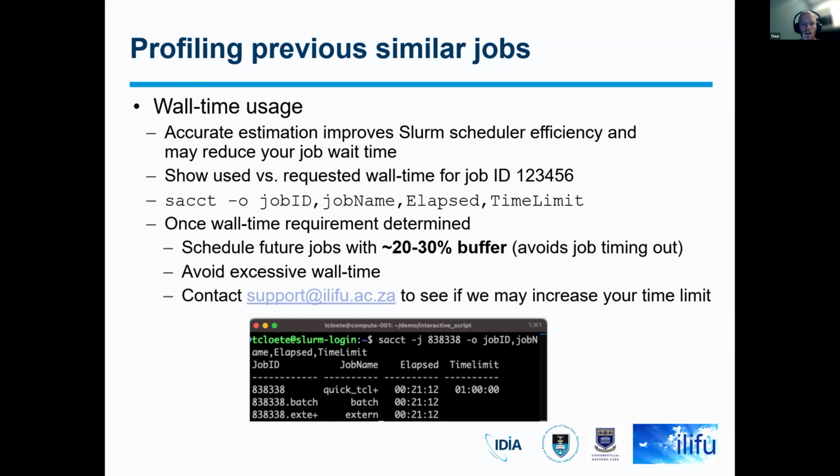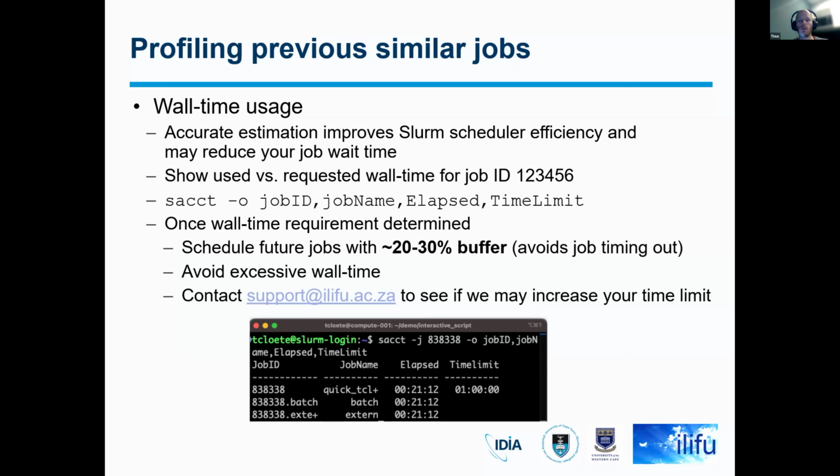As an example here, I just used sacct for this job, and I looked at the elapsed and the time limit fields. So you can see this job took 21 minutes to run, but 1 hour was specified as the time limit.